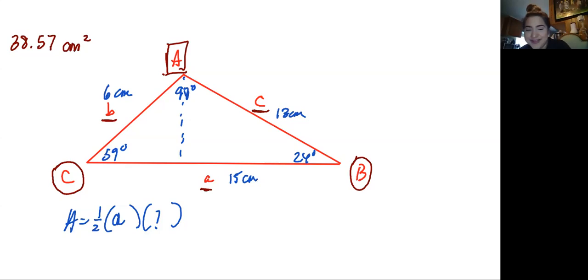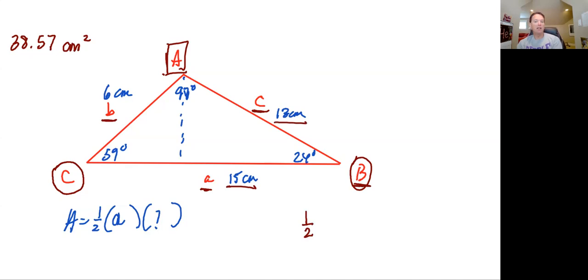I don't know. So here's what you're going to do, Monse. You're going to do 1/2. Remember, this is your reference angle, right? B. So your two sides are 15 and 13.